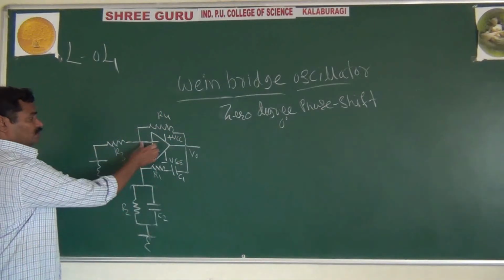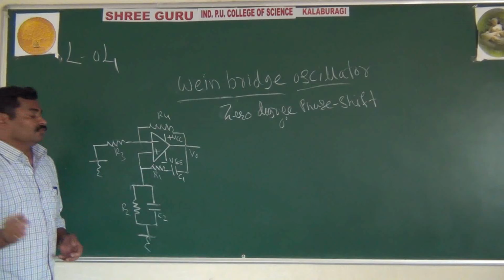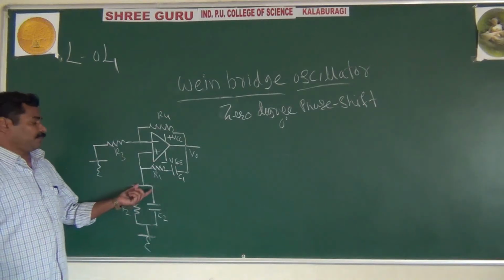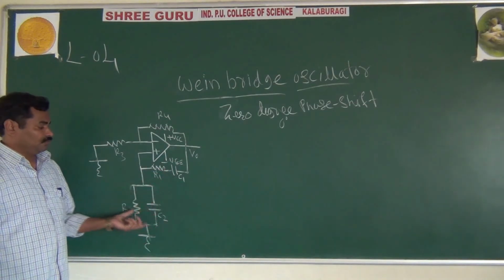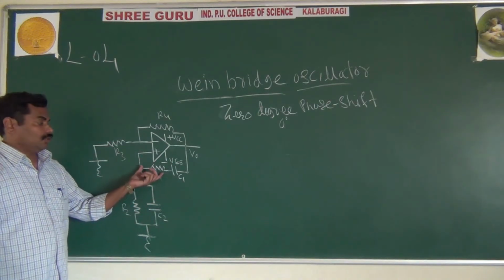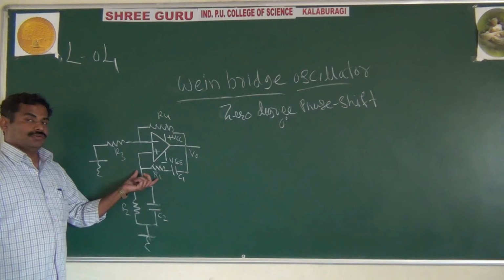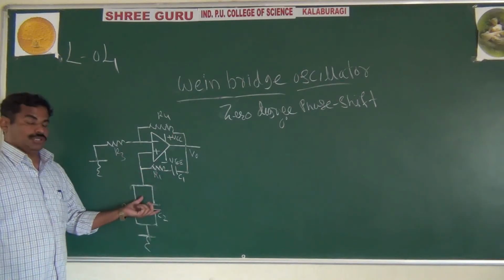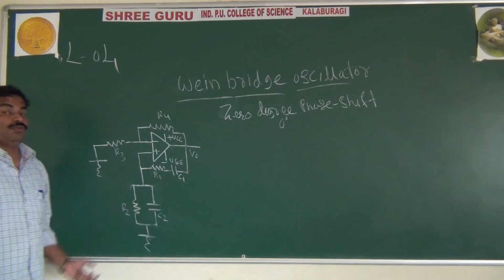And as usual, how does it work? As I said already, this bridge circuit, your Wien bridge circuit, has 4 arms.